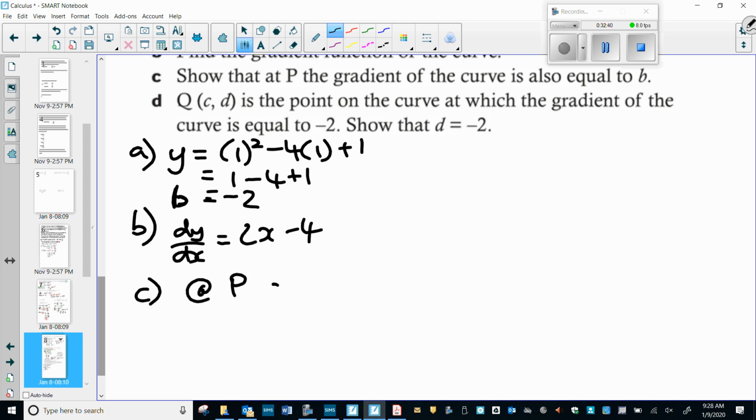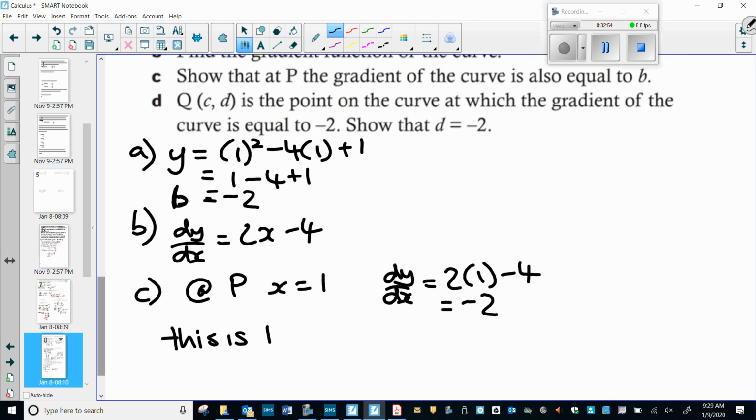So at P, x has a value of 1, and so the gradient is 2 lots of 1 take away 4, which is -2. Okay, and we've shown that that's the same value as b. Okay? Yes? How did we get b?